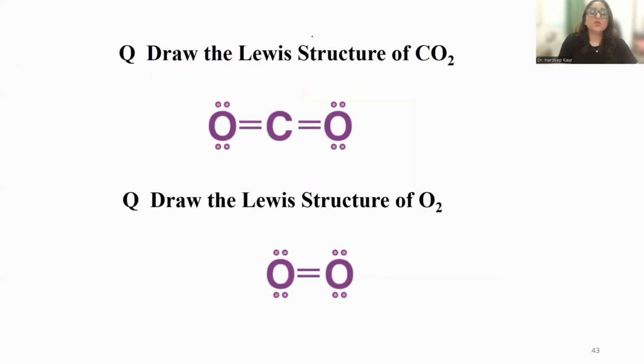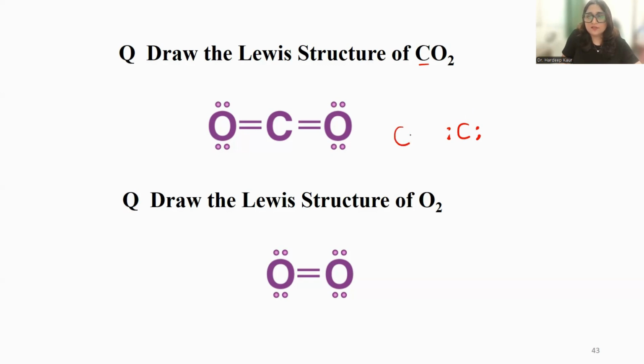Very simple. If somebody asks you to draw the Lewis structure for carbon dioxide, CO2, you know that carbon has 4 valence electrons, so I can write 4 electrons.